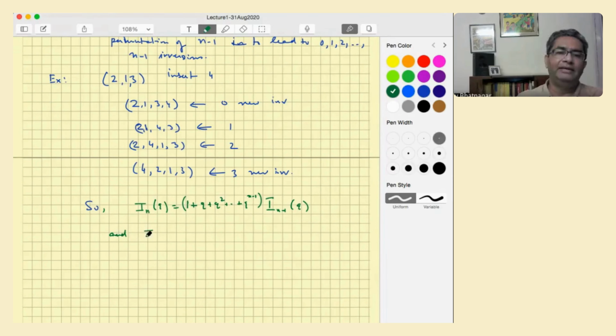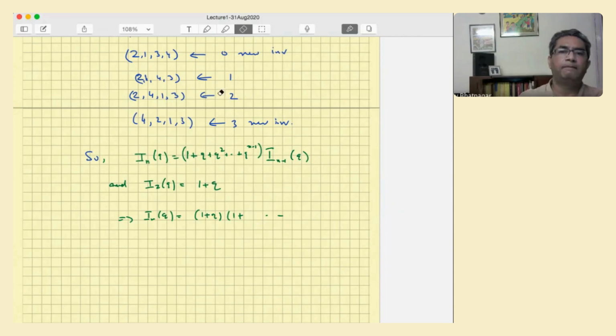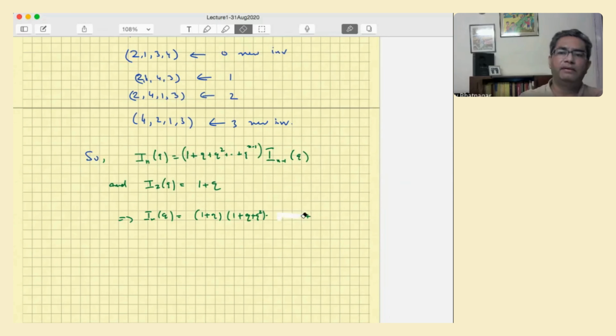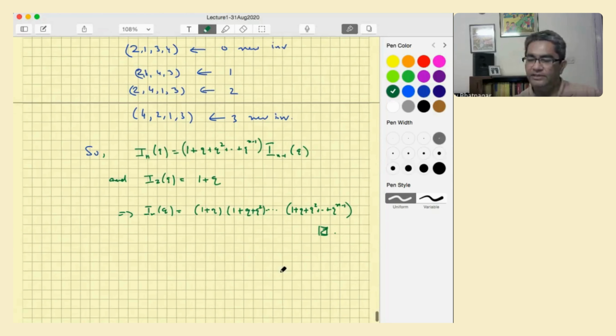And we know that I_2(q) is equal to 1 plus q, that we calculated. This means that I_n(q) is 1 plus q, times 1 plus q plus q squared, and so on until q raised to n minus 1. That's the q analog. Okay, any questions?